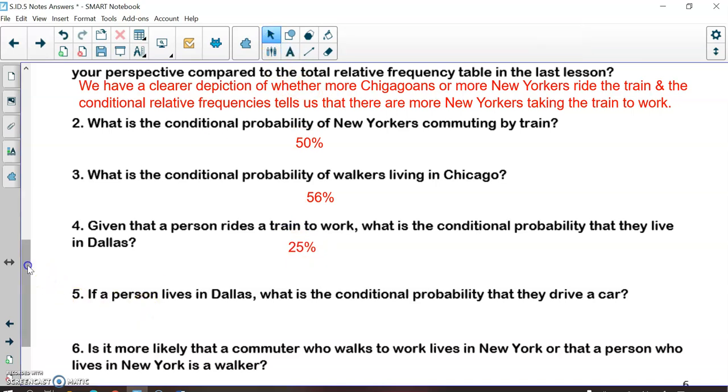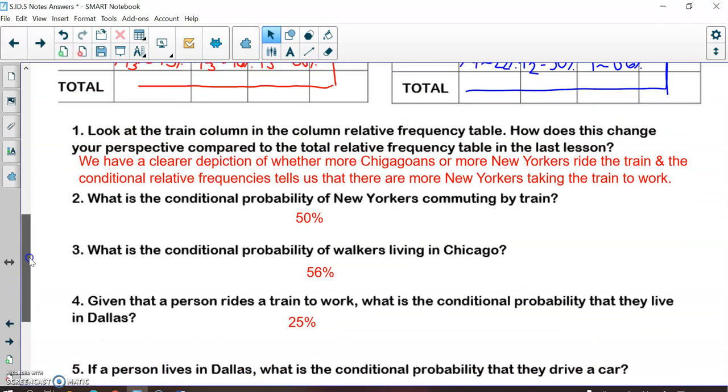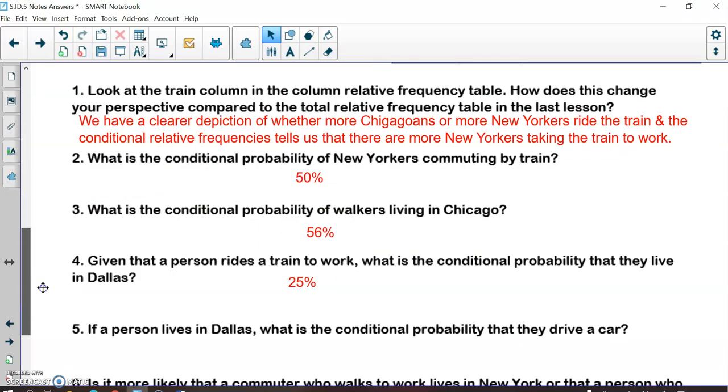And then, if a person lives in Dallas, what is the conditional probability that they drive a car? So out of all the people that lived in Dallas, which there were 11 of them, 6 of those 11 drove the car. That's a row relative frequency. 6 out of 11 came out to be about 54%.